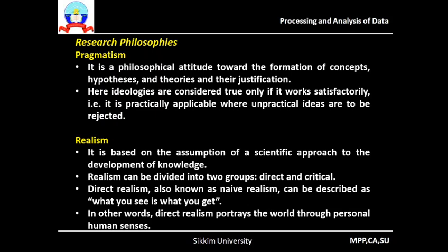In other words, in case of direct realism, we tend to create interpretation of the real world through personal human senses, which may be often biased, and in situation it may be deceptive.